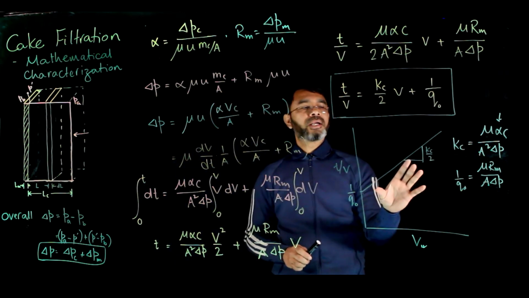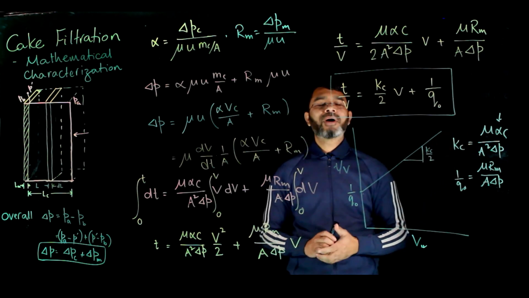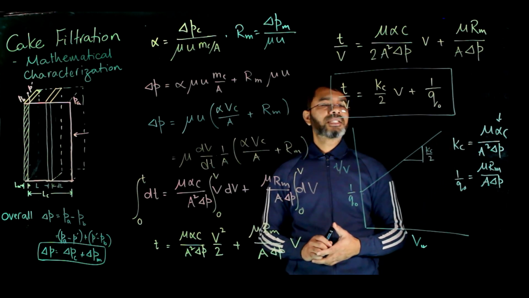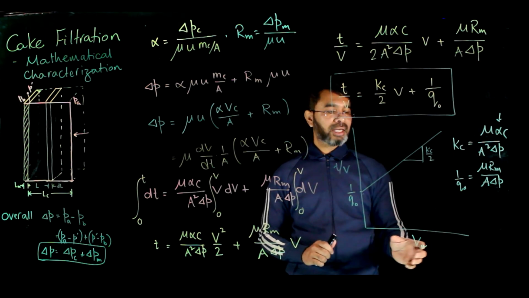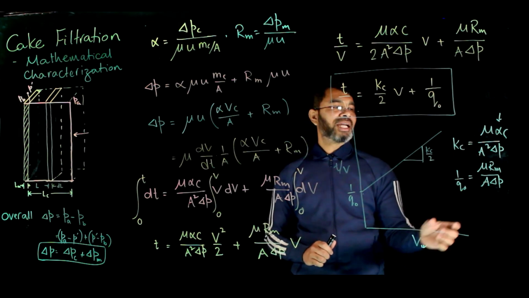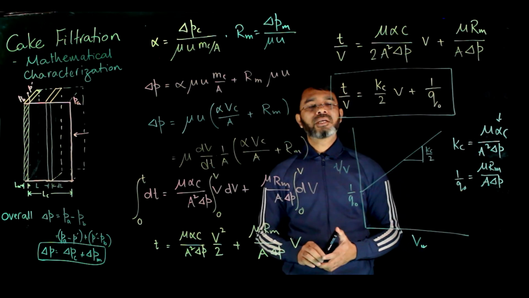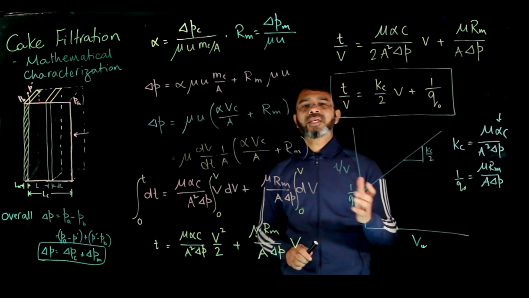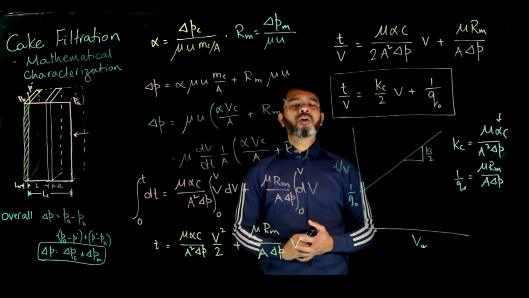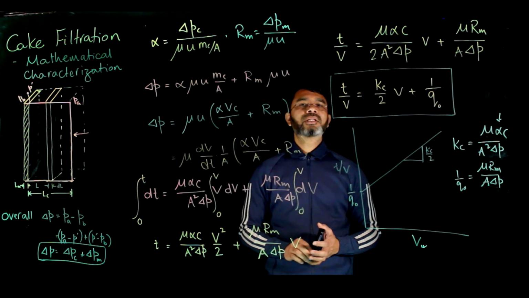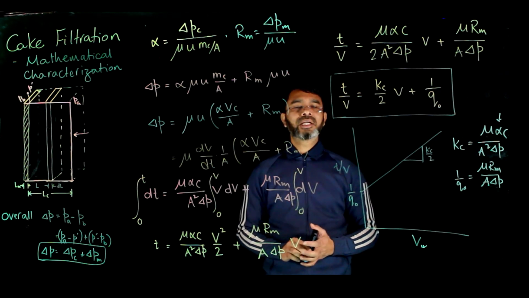And from one set of experiments, you can find the values of alpha and Rm. You can use that to estimate, for example, the time required to get a certain amount of filtrate if you increase the area or the pressure drop. Remember that this is a constant pressure filtration process, meaning the volume of the filtrate will vary. However, the pressure drop is to be maintained constant.